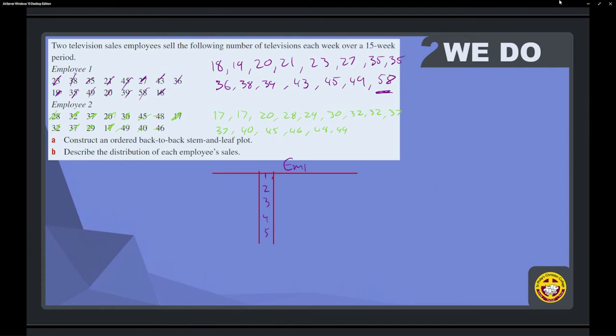In a back-to-back stem and leaf plot, we'll say this is employee 1 and this will be employee 2. And then from here on, it's the same as drawing the first stem and leaf plot, except once we get to employee 2, we need to remember to work backwards.